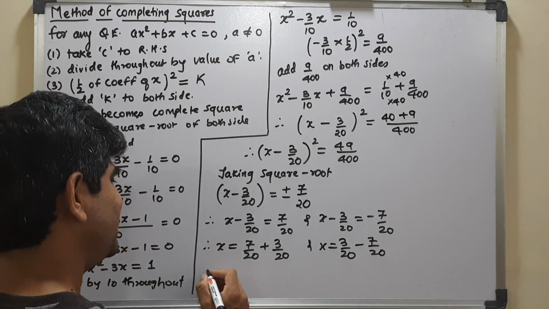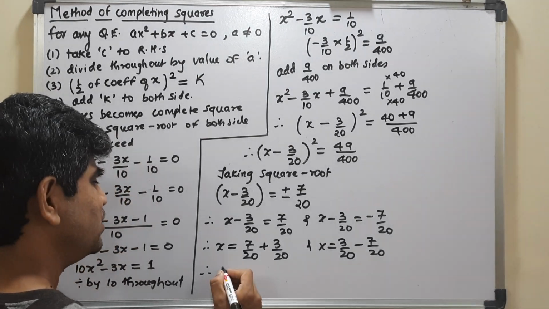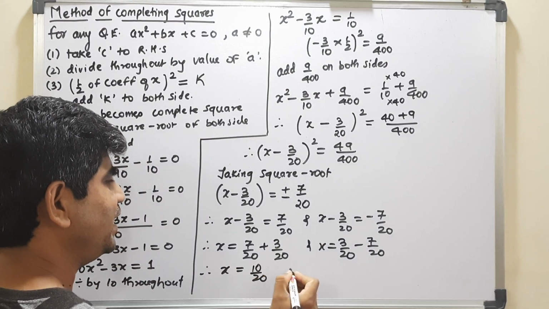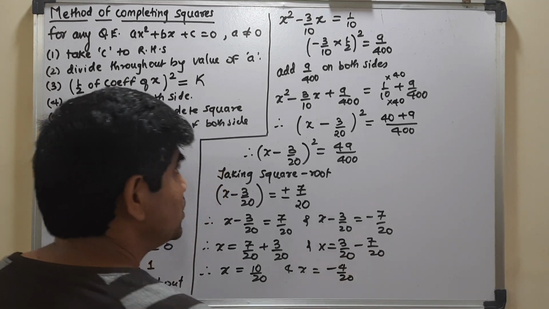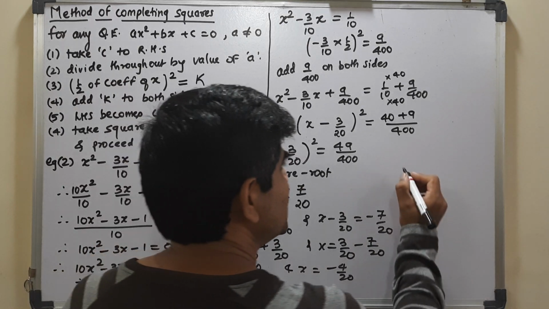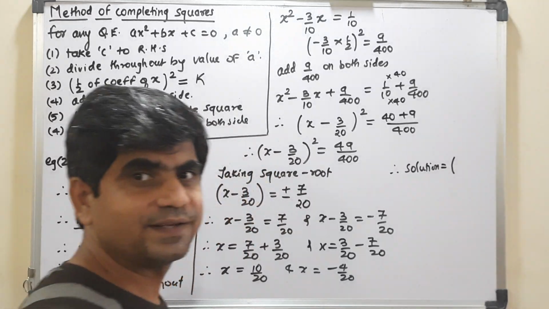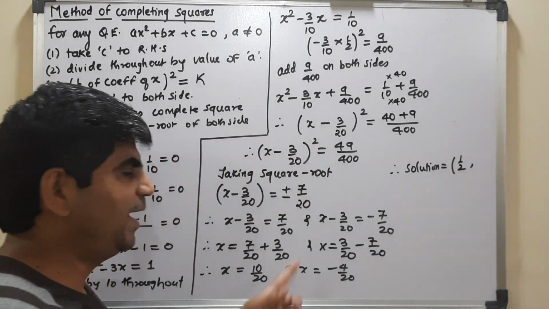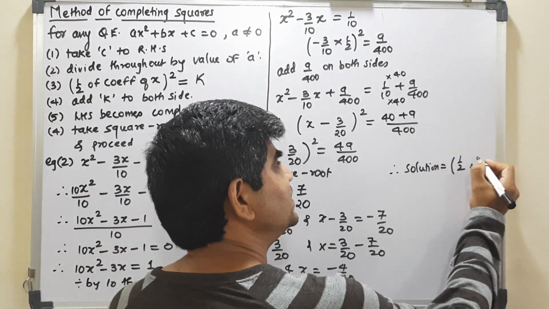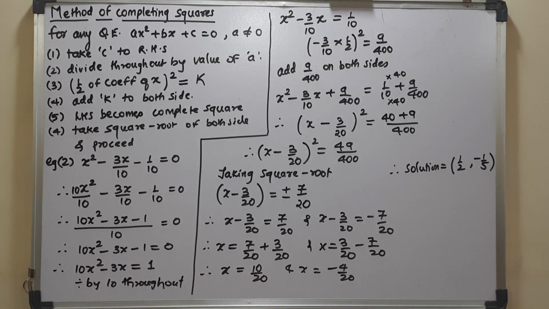The denominator being the same, I can add or subtract. 7 and 3 is 10, so you get x is equal to 10 by 20, and x is equal to 3 minus 7, minus 4 by 20. So your final solution will be 10 by 20 is 1 by 2, and minus 4 by 20, 4 fives are 20, that is minus 1 by 5. So you get the two values, 1 by 2 and minus 1 by 5.